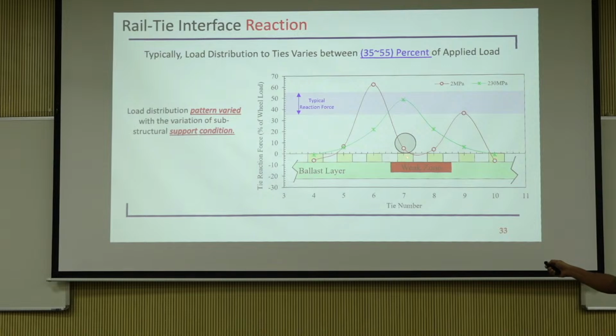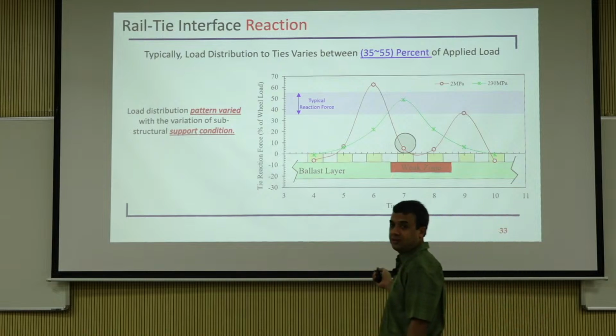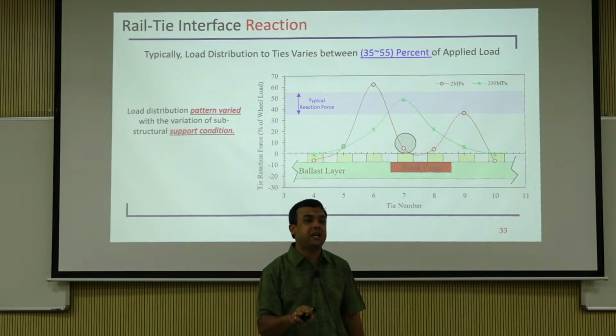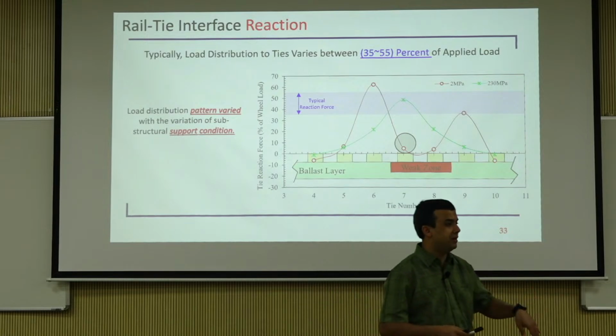Look what happens: because these two ties are not supported from underneath, they are not carrying any load, so the load now gets distributed differently to the ties. When this happens in a railroad track, there is no cracking. Unlike a pavement, you don't see a crack.